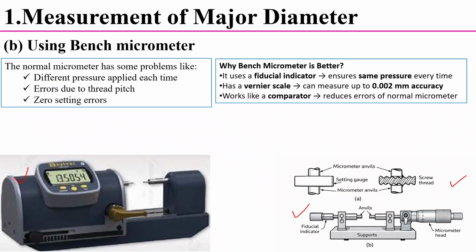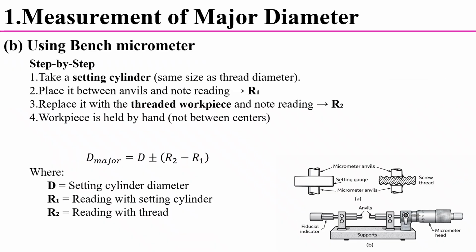Moreover, it consists of a vernier scale which can measure up to high accuracy, that is 0.002 mm. It also works like a comparator, which reduces the errors of the normal micrometer.